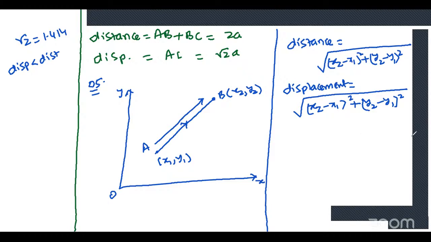So in this case, displacement equals distance.